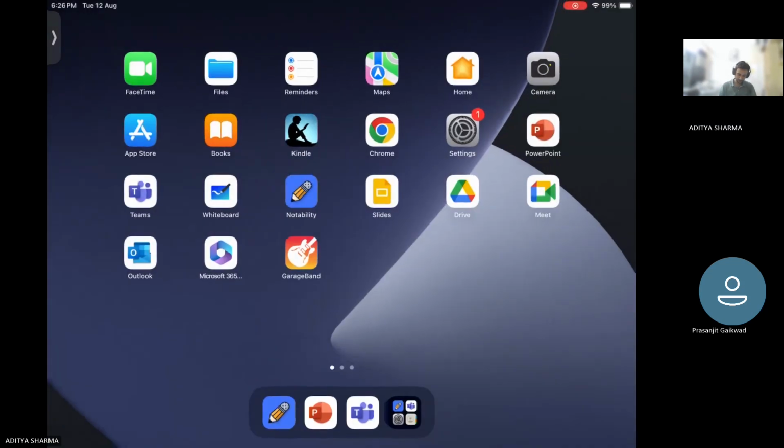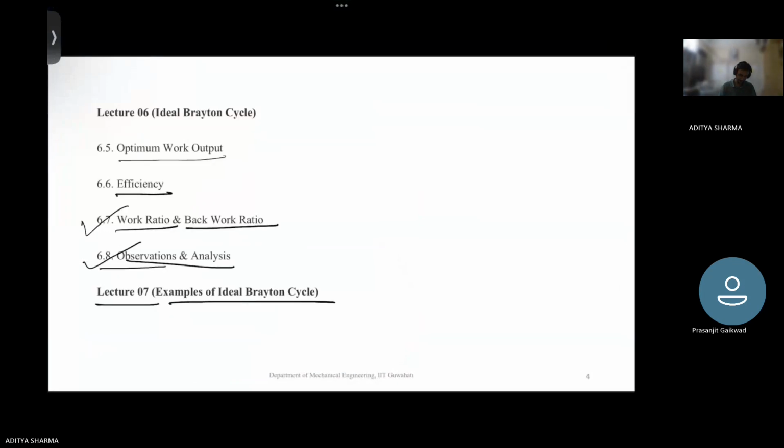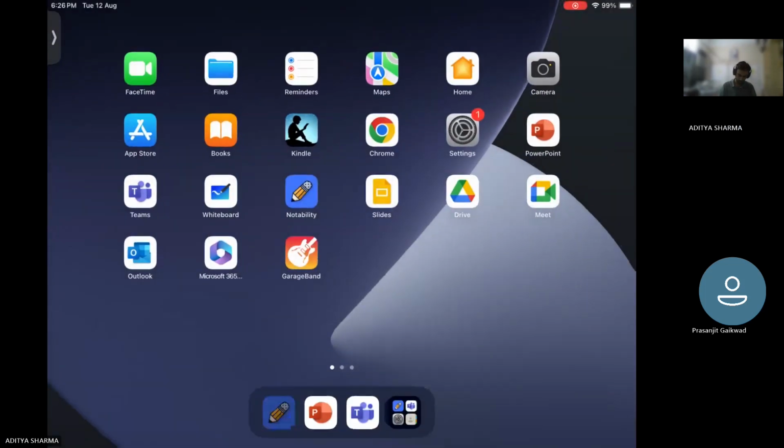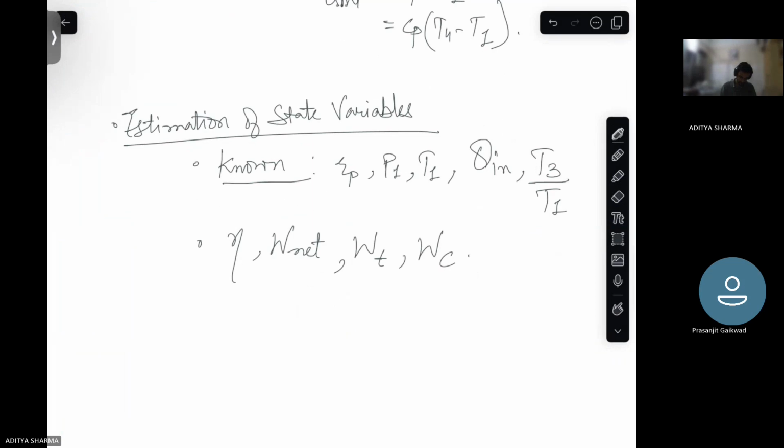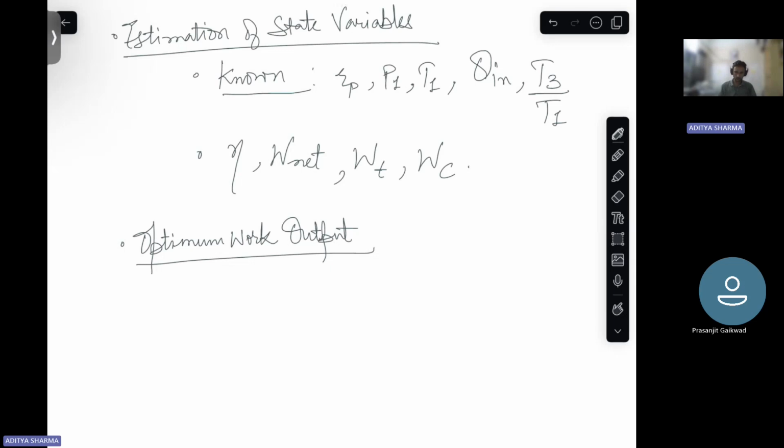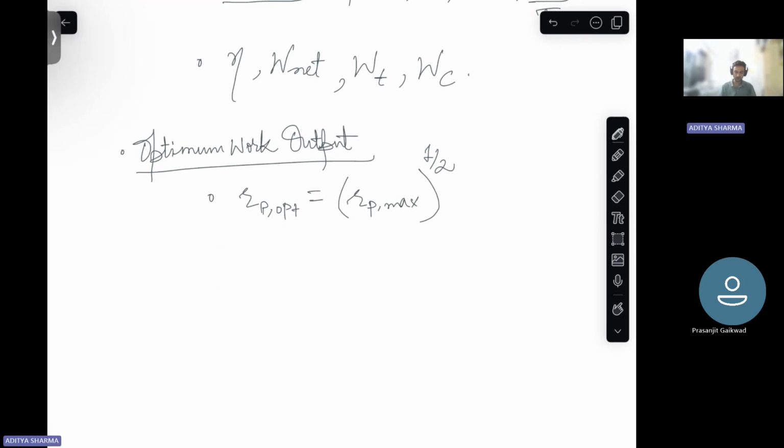Then next is your optimum work output. For your optimum work output, the optimum pressure ratio is equal to the square root of your maximum pressure ratio, right?